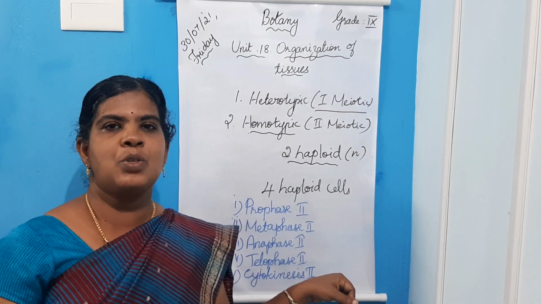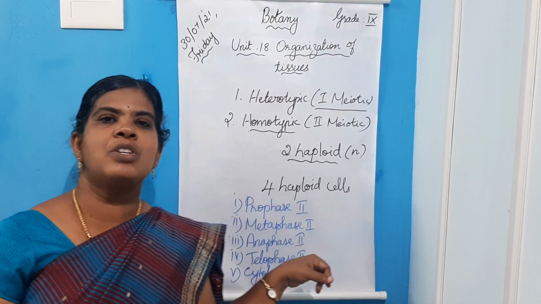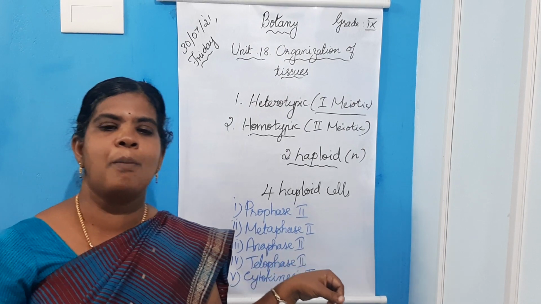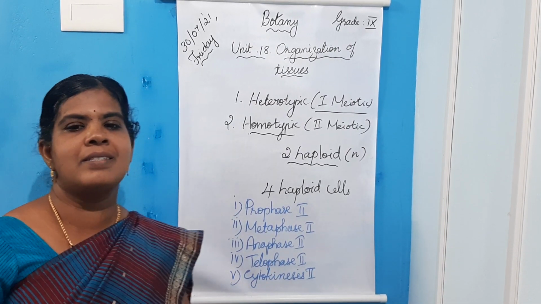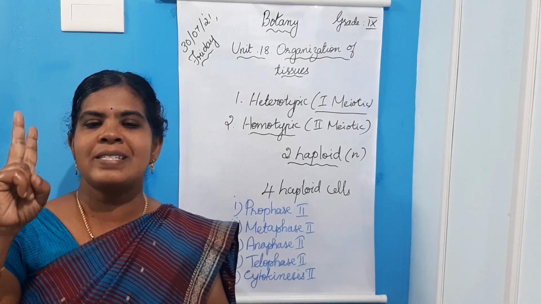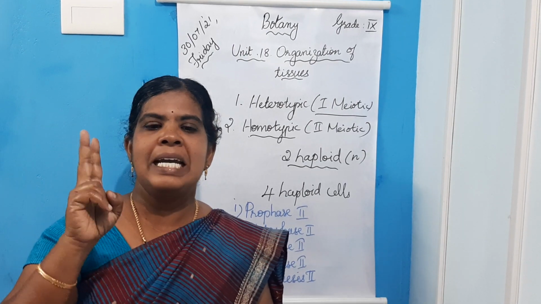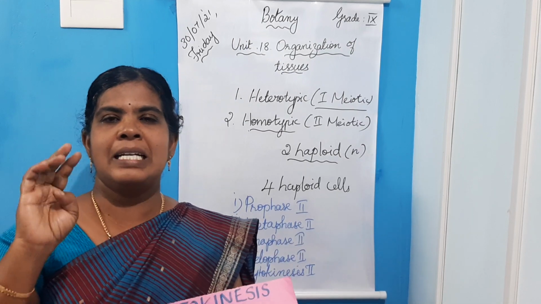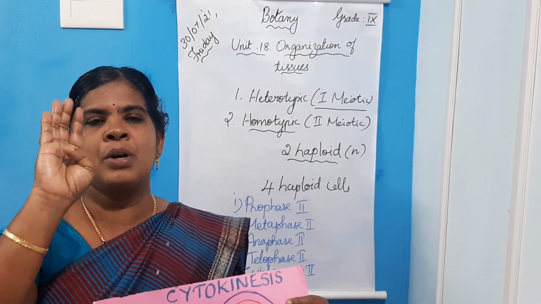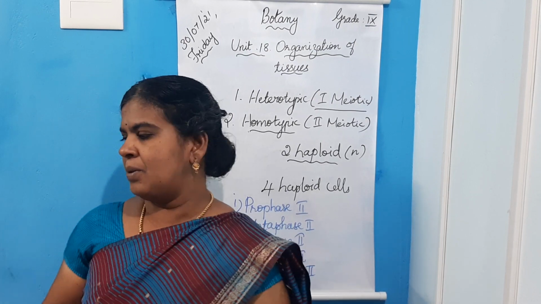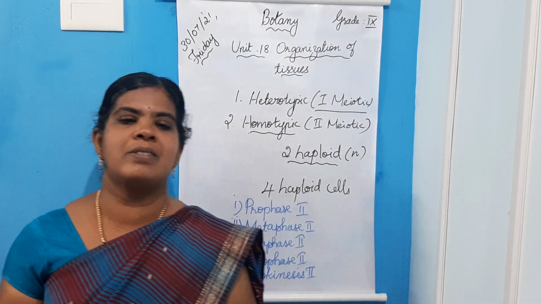Division of cytoplasm, which results in the formation of daughter cells. So what happened during cytokinesis 2? The 2 cells formed from each haploid daughter cell result in the formation of 4 cells with the haploid number of chromosomes. Next, about the significance of meiosis.